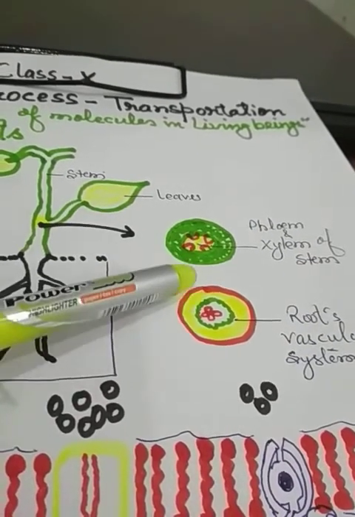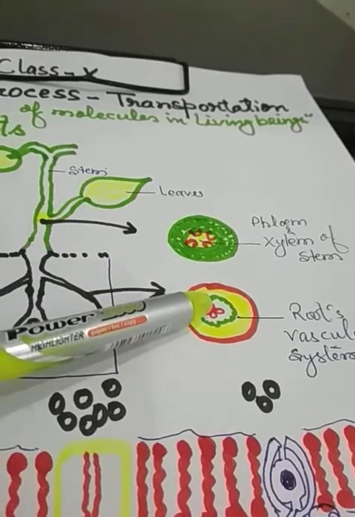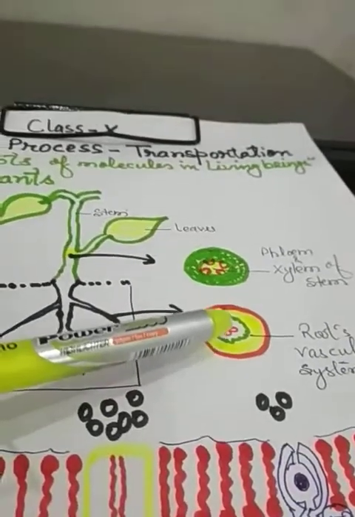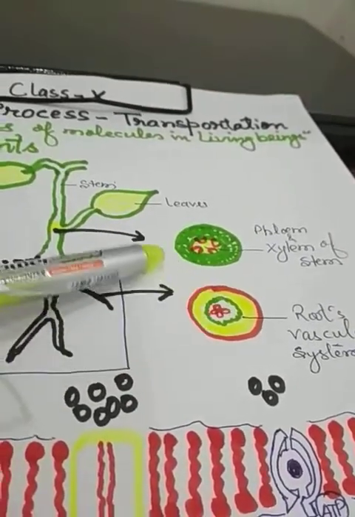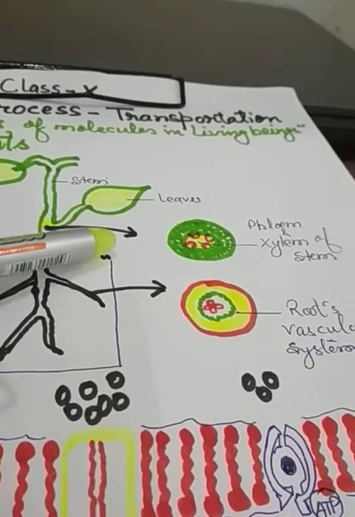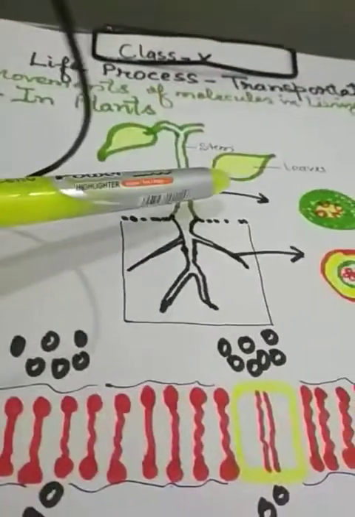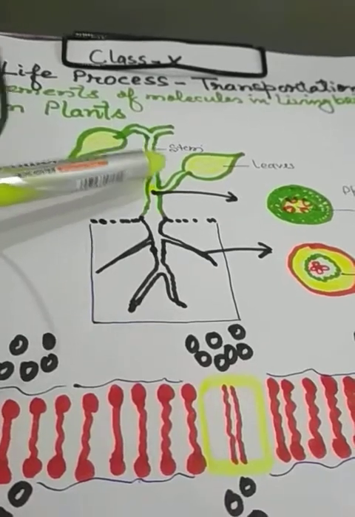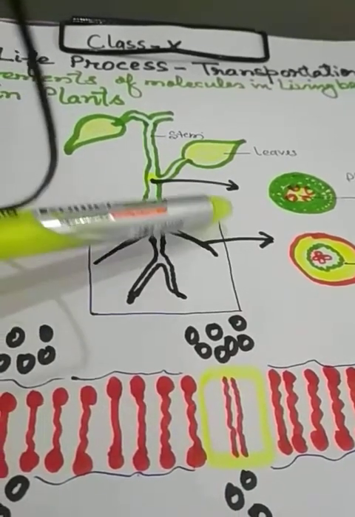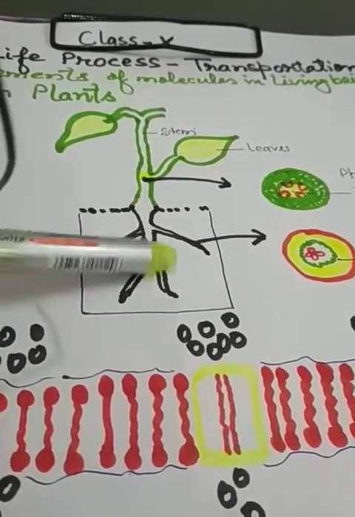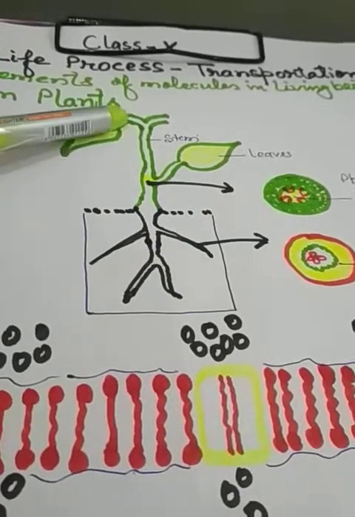These vascular bundles are responsible for the transportation of different molecules, like water, minerals and prepared food, from one place to another in the whole plant body, as you are looking.